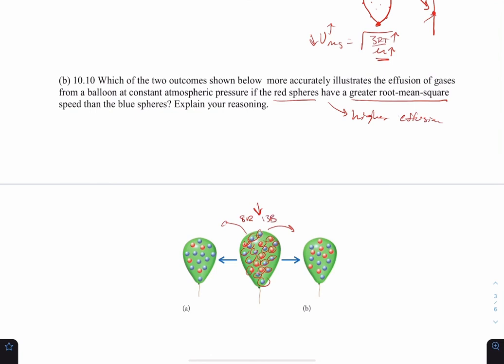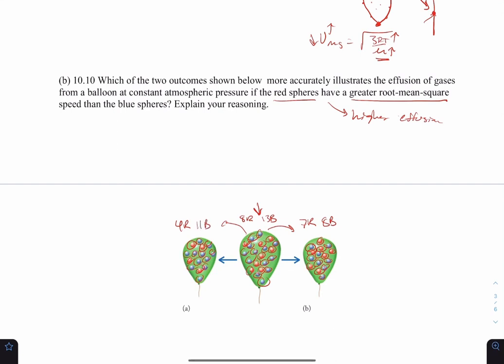In the second situation over here, I've got 8 blue and 7 red. And over here, I've got 4 red and 11 blue.